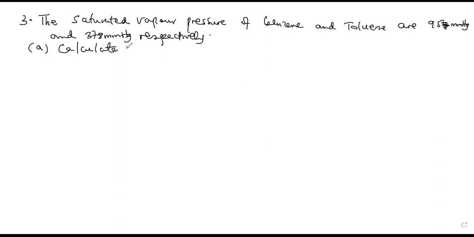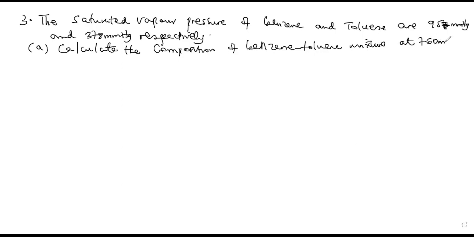A, calculate the composition of benzene toluene mixture at 760 millimeters of mercury.